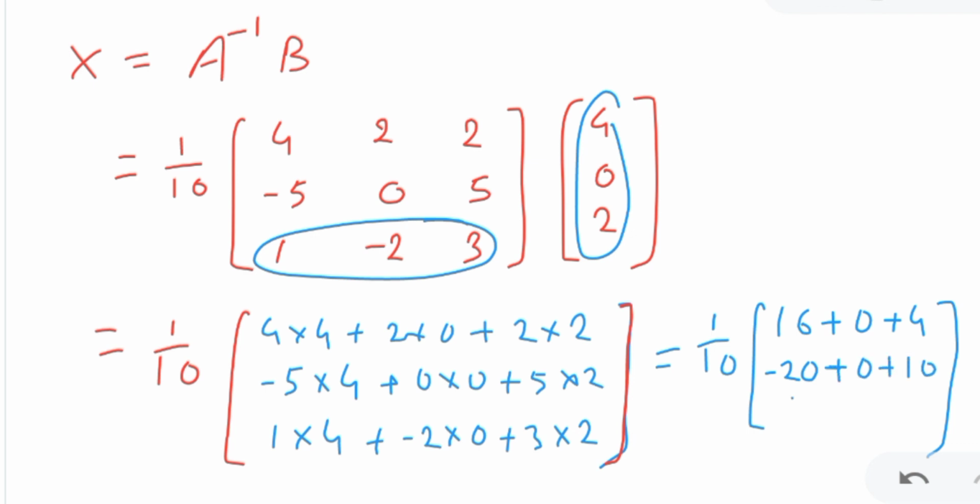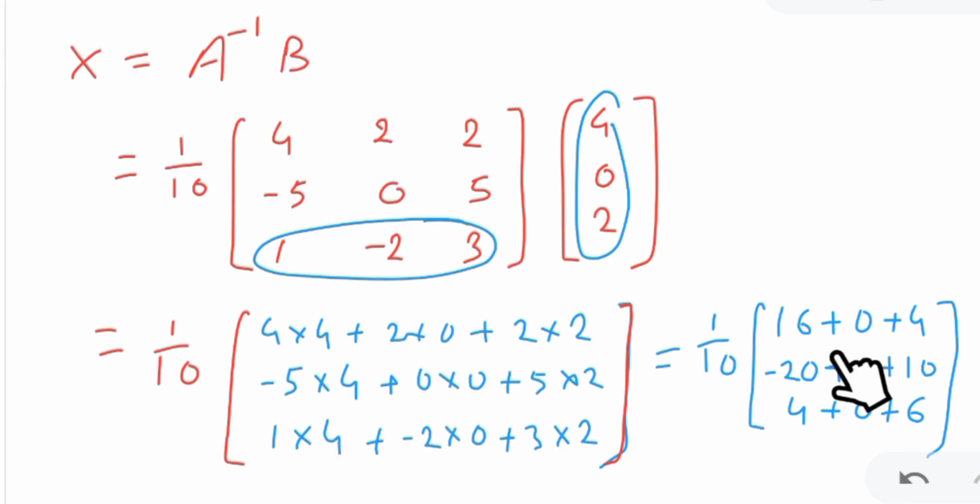Then 1 into 4 is 4, minus 2 into 0 will be 0 only, and plus 6. So x is equal to 1 upon 10 times 16 plus 4, 20, and minus 20 plus 10, minus 10, and 6 plus 4, 10.